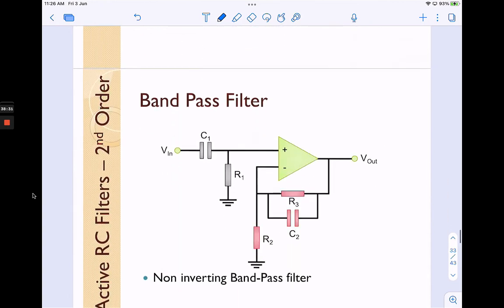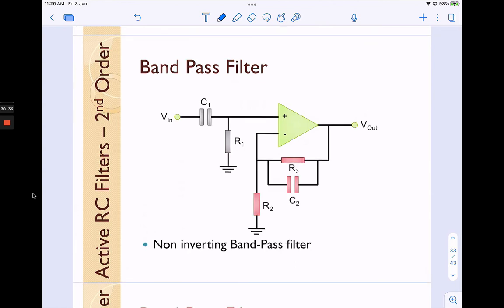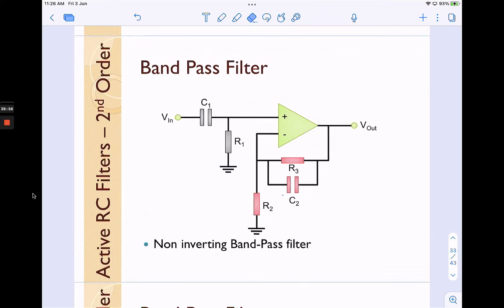Without the capacitor here, we only have a high pass filter, right? So only a high pass filter. But when we put the capacitor in parallel to R3, what we have is this band pass filter.